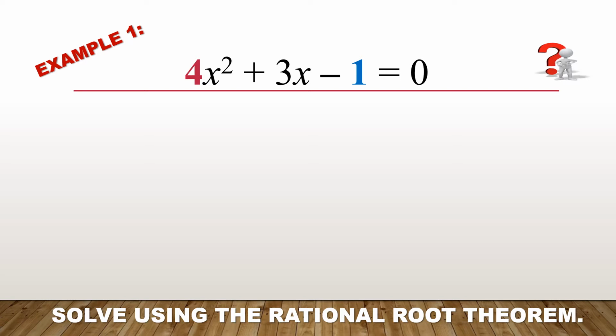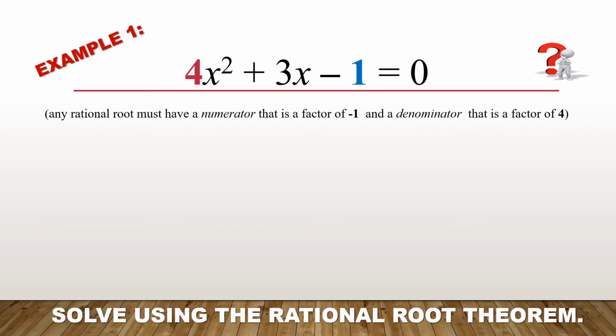To start with, let us remember the theorem that any rational root must have a numerator that is a factor of -1. So this -1 will become the numerator and the denominator that is a factor of 4. So in this given, -1 stands for p and 4 stands for q.